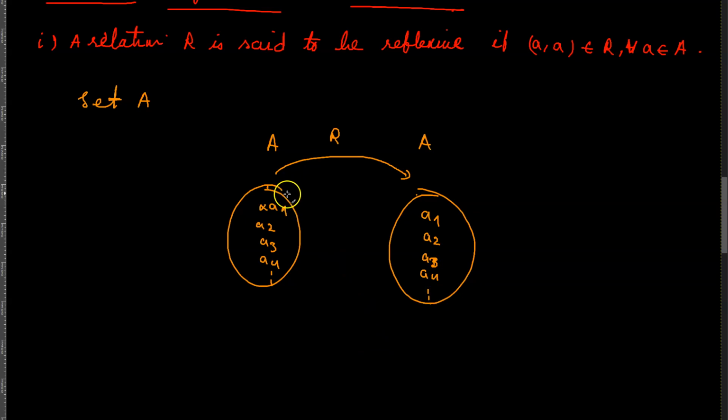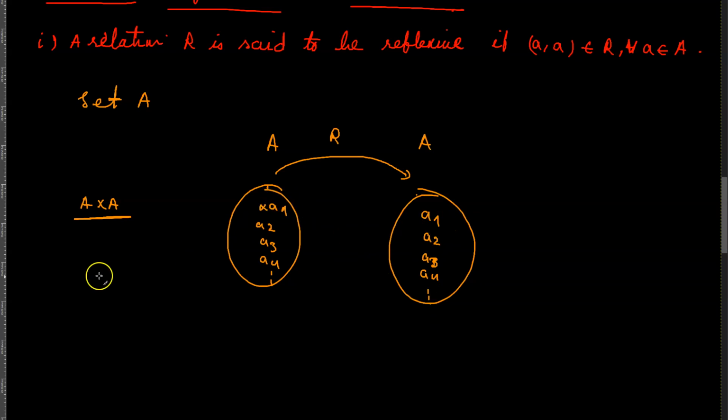So a relation from A to A would be, of course, you know that first there is a Cartesian product of A and A. The Cartesian product of A and A is all the mappings you can do from each and every element here to each and every element here.